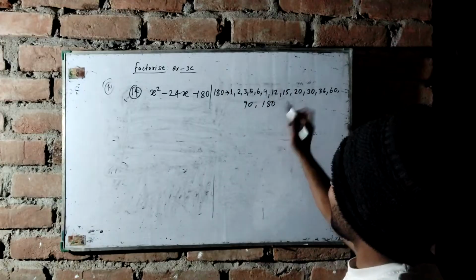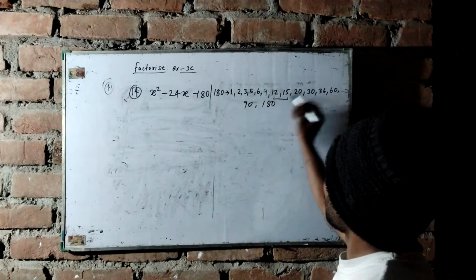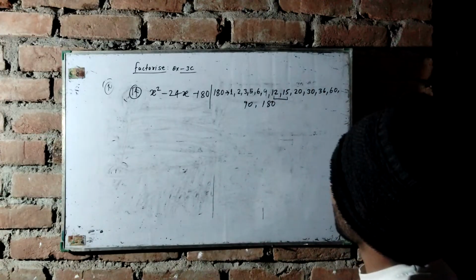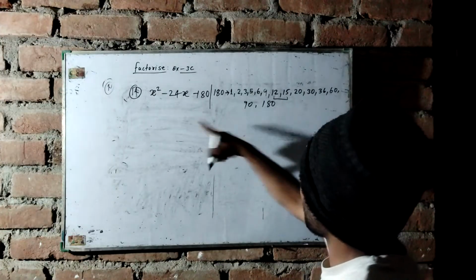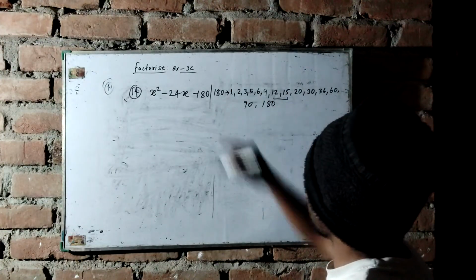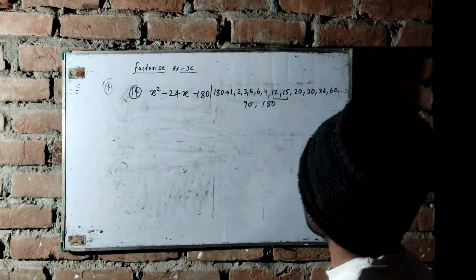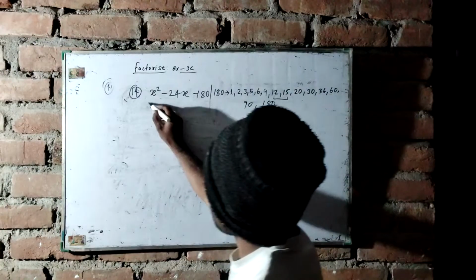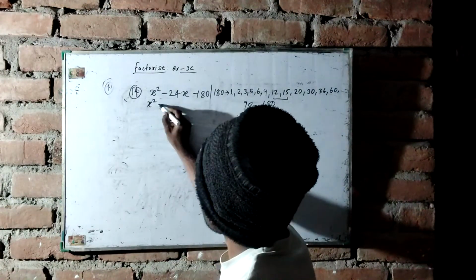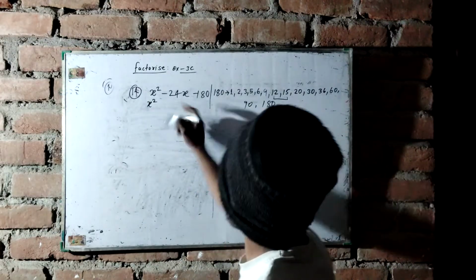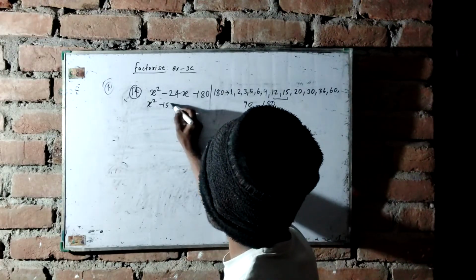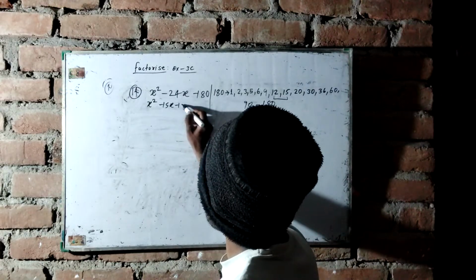We can see here two numbers 12 whose sum will be 24 and difference will be 180. So we can write x square and minus 24x can be written as minus 15x minus 12x.